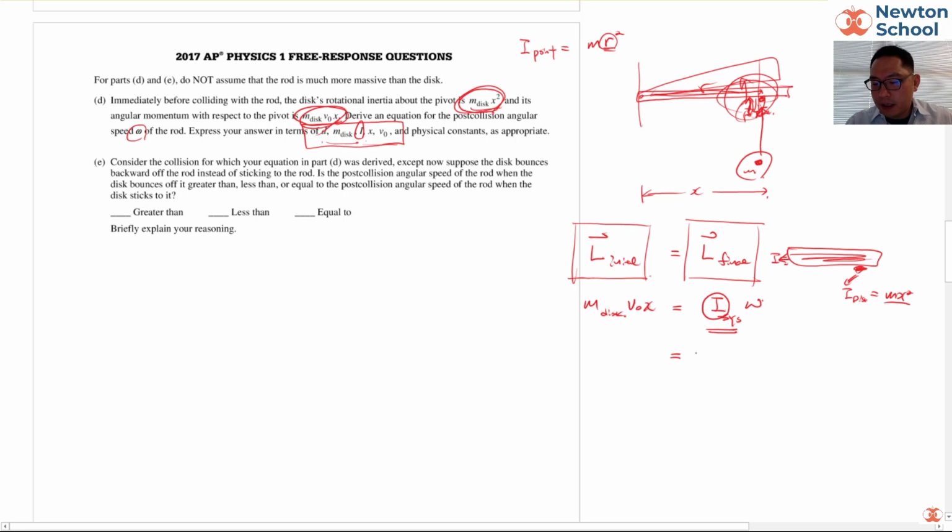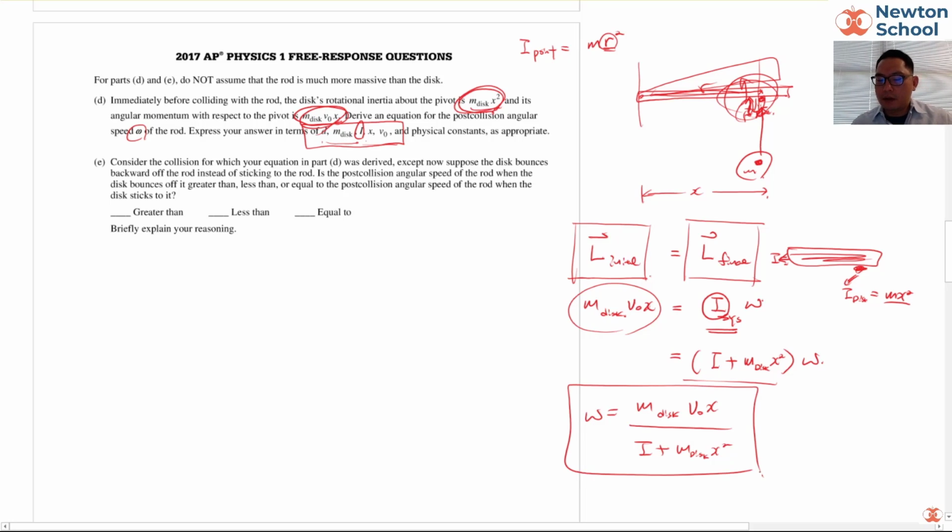So you have I plus m disk x squared, times omega. And they ask you what omega is. So omega is this divided by the whole thing: m disk v naught x over I plus m disk x squared. That will be the expression for omega.